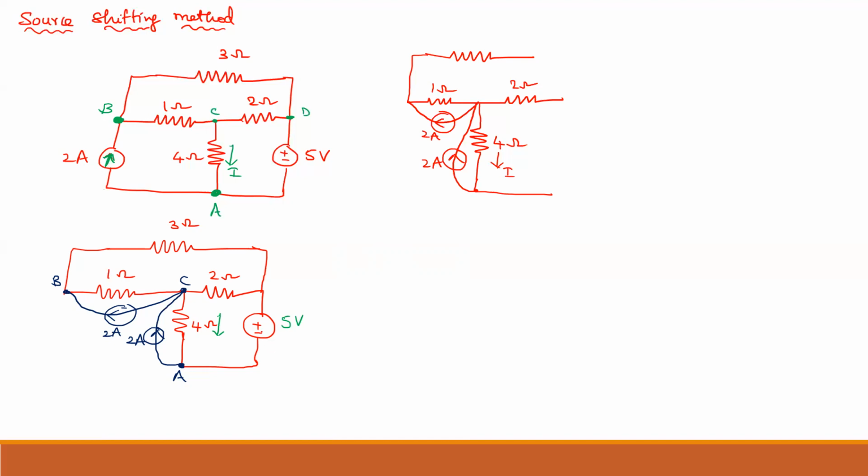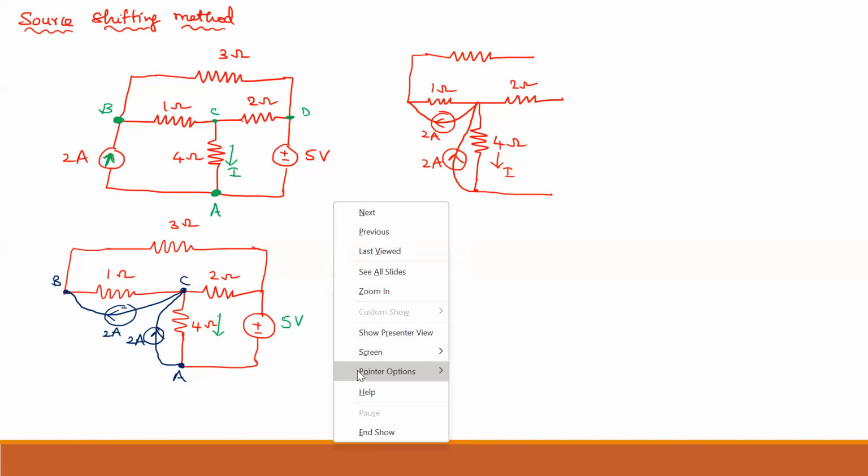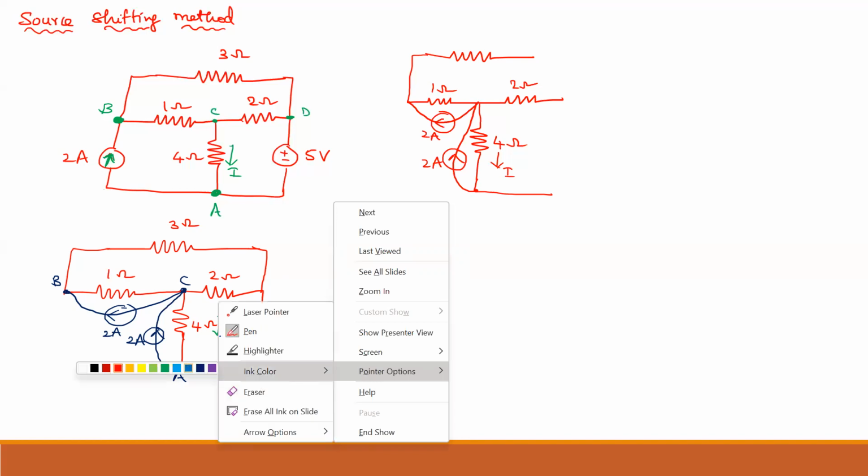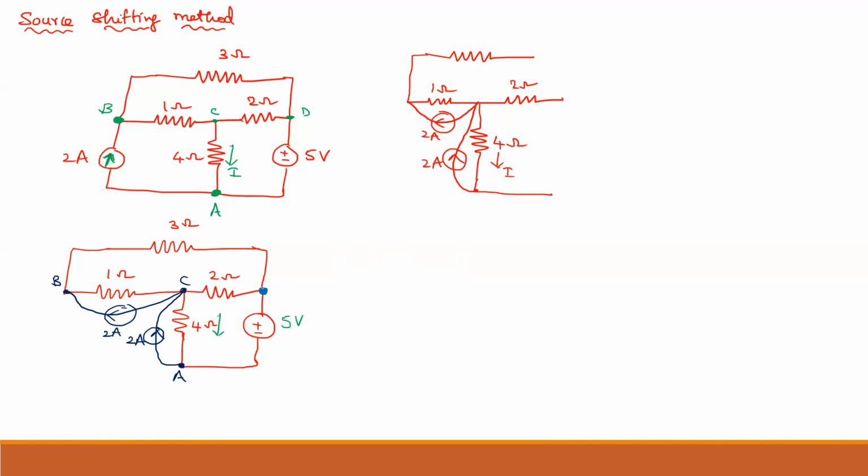Similarly, if your voltage source is there, first you have to identify the nearest junction. What is the nearest junction? You can say that this is my nearest junction. Whenever you have a nearest junction, you just take the voltage source to the junction.